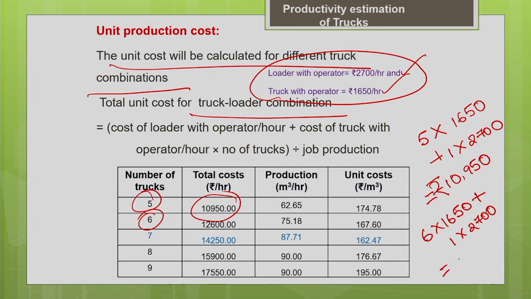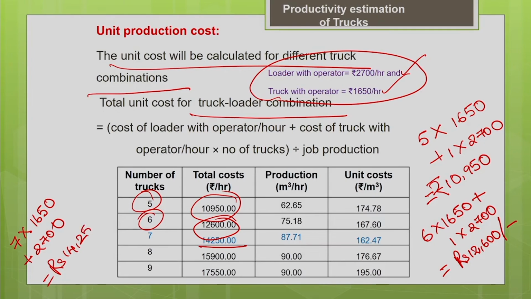So this gives me the cost as rupees 12,600. Similarly, for the 7 trucks, 7 into 1650 plus 2700. This gives me the cost as rupees 14,250 per hour. Like this you keep calculating for 8 trucks and 9 trucks.